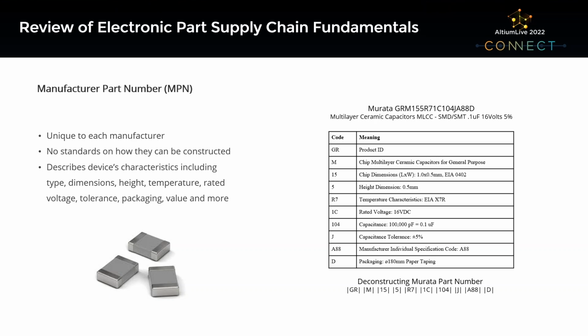I've deconstructed a Murata capacitor part number there on the right, and this is a fairly typical arrangement with all types of electronic components, where you have different suffixes and codes embedded in there that mean different things, everything from the value to the packaging, whether cut tape, a reel, a tray, etc.